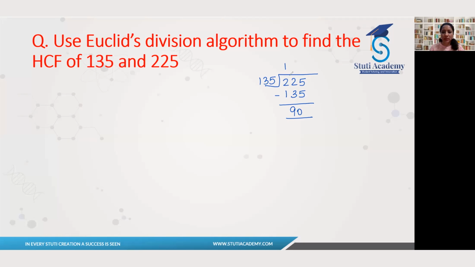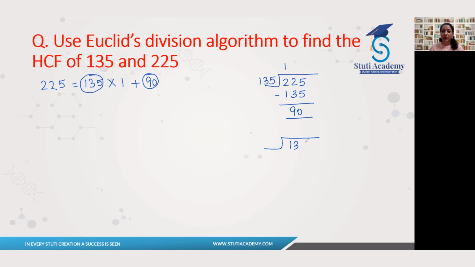So this, using the Euclid's division lemma, I can write dividend is equal to divisor into quotient plus remainder. Now we have remainder, that's 90. It's a non-zero number. So we'll again do the same step with 135 and 90. So the bigger number 135, I'll divide by the smaller one, that's 90.